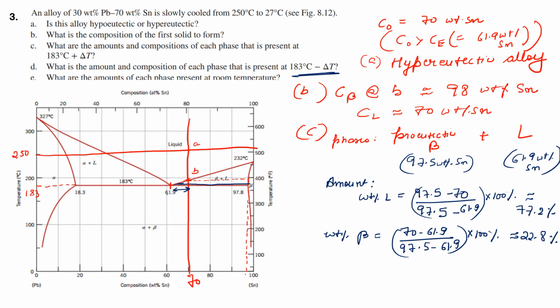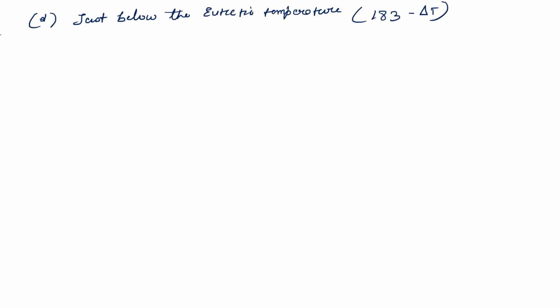The liquid phase transforms into alpha plus beta, and the beta that was precipitated out before will be staying as pro-eutectic beta. So at 183 minus delta T, the phases are pro-eutectic beta and alpha plus beta, right?